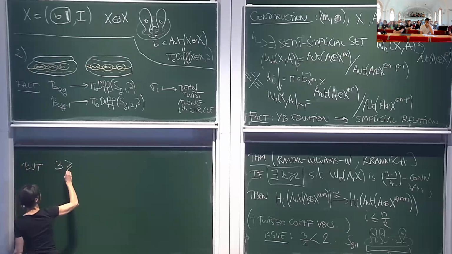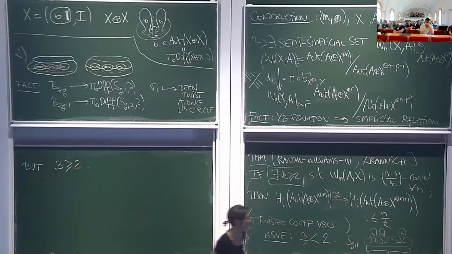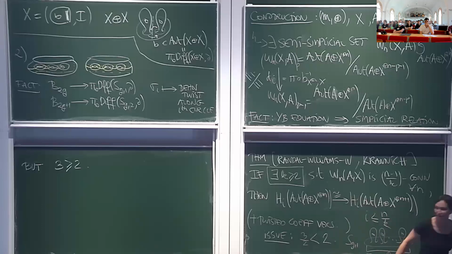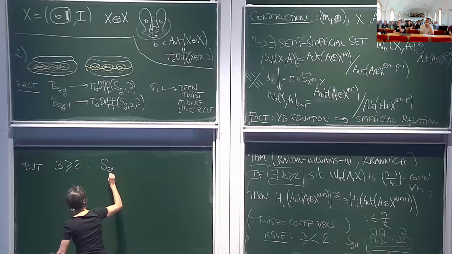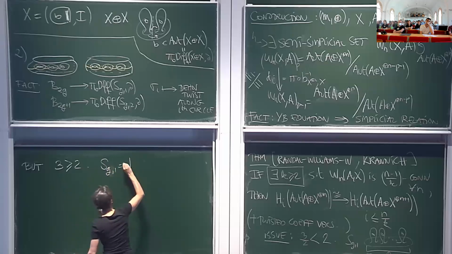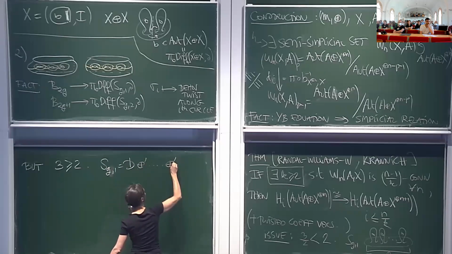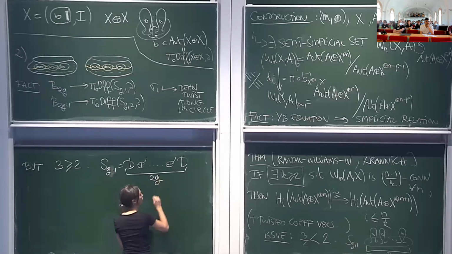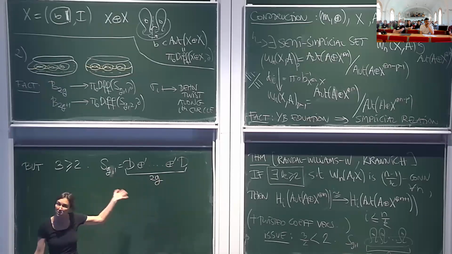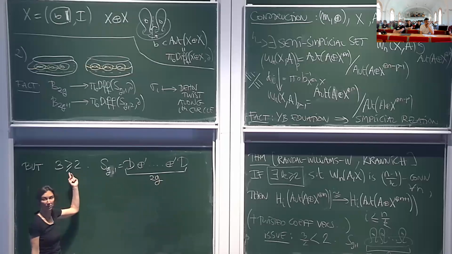Three is at least 2, right? 3 is bigger than 2. And so if we look at the same surface S_g,1, in our new sum it's made out of 2g disks. So we have changed the rank in this, and so we can apply the theorem.